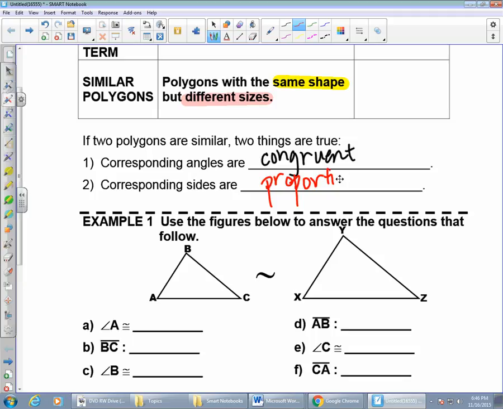This goes right along with the definition of similar. Corresponding angles congruent, that's how we get the same shape. But the sides being proportional, that's how we get the different size.